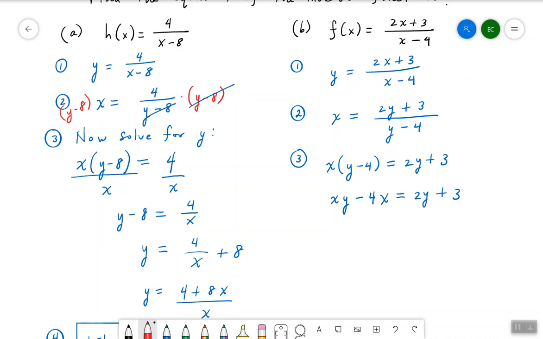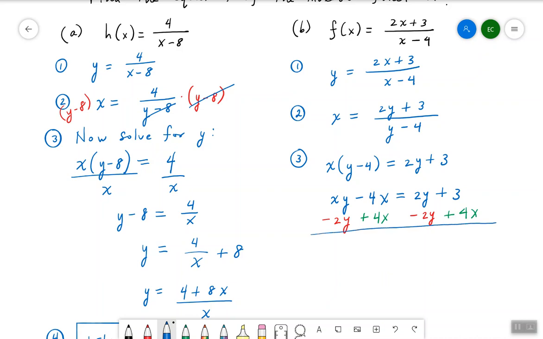And then we can group the y's together on the left side. To do that, we would subtract 2y on both sides. And the terms that don't have y would go over to the right side. So in particular, that would be this 4x that needs to move out of the way over to the other side.